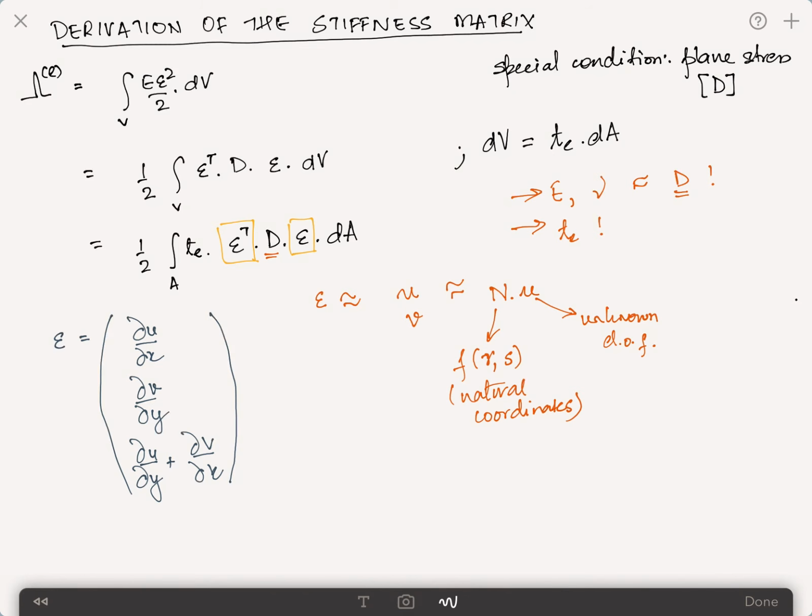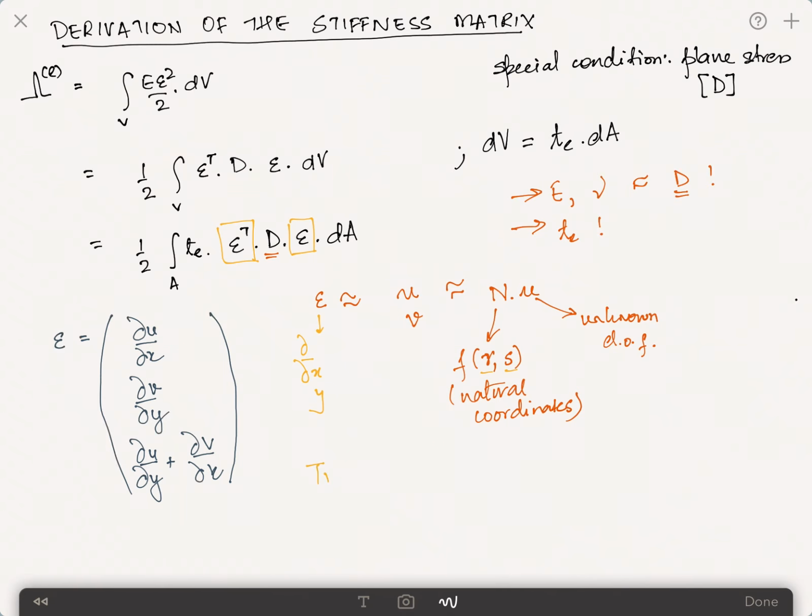So that is nothing new. When we try to find out the strain, the strain is a derivative in x, y of these displacements. However, the shape functions, which actually need to be partially differentiated, are given in r and s, and that is absolutely impossible to do. So we must carry out a transformation.